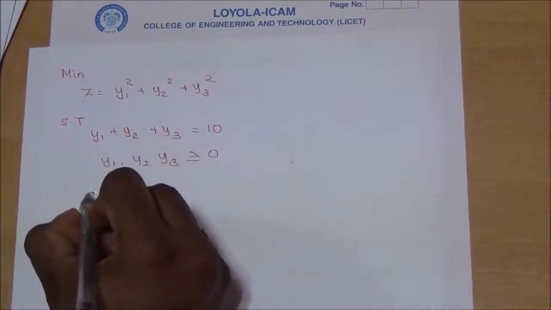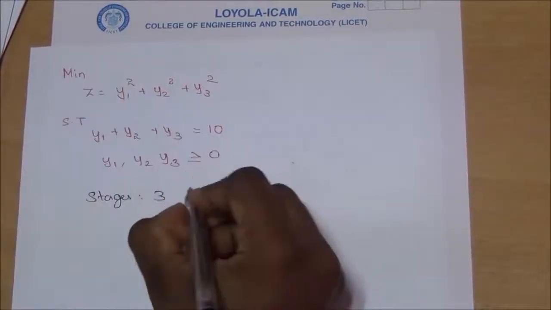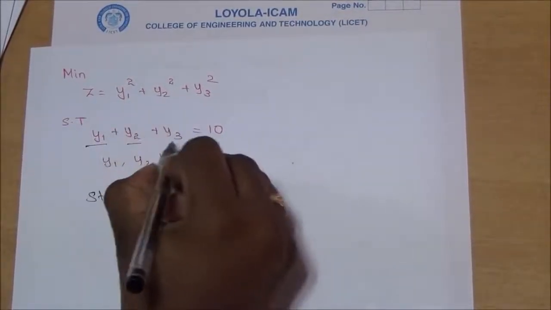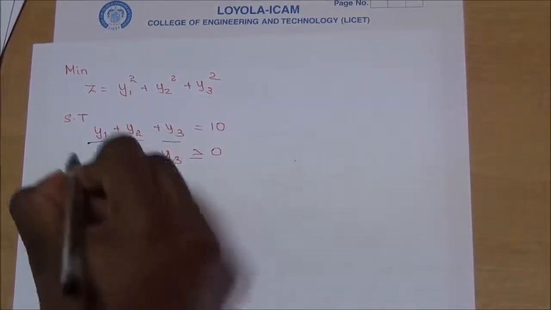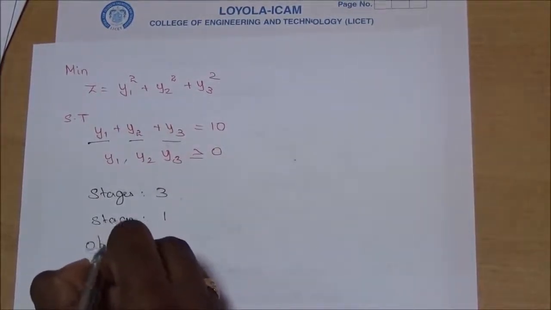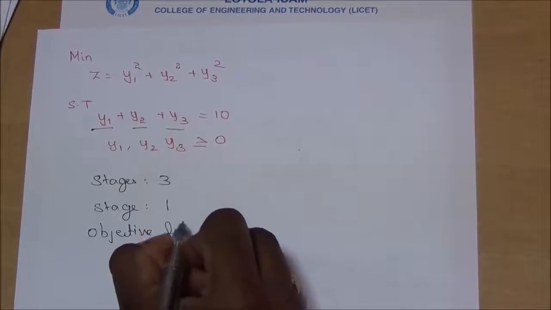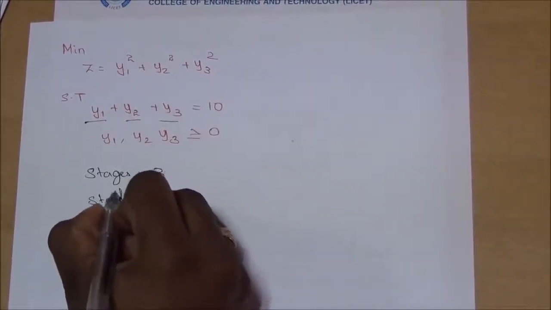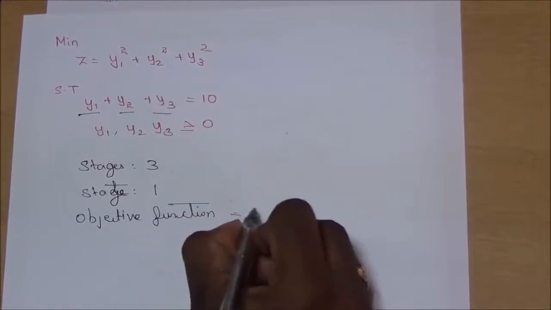The stages are 3, since we have 3 variables, y1, y2 and y3. Then state, we have only one constraint, so we can write it as 1. Then the objective function, z minimum.